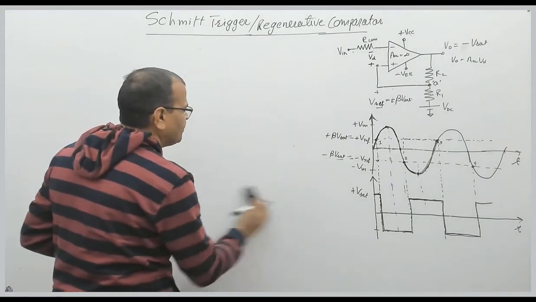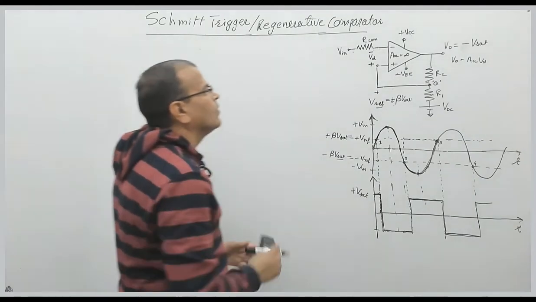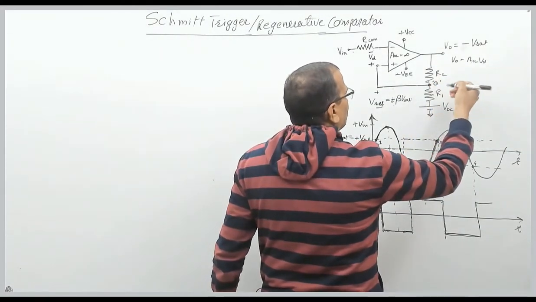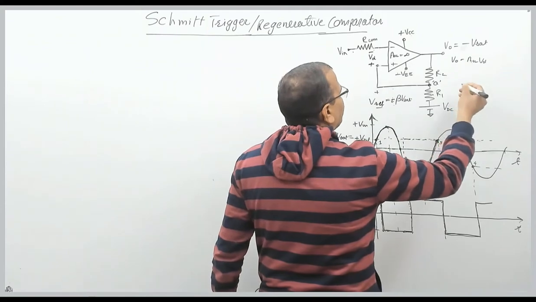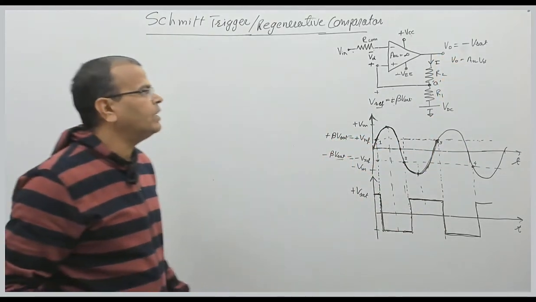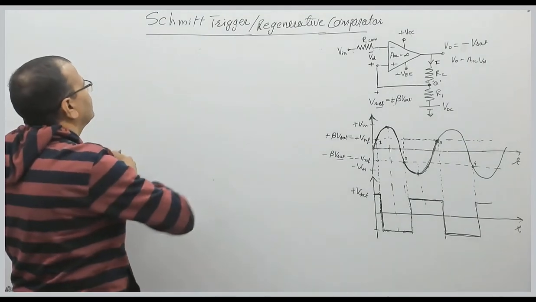So let us see how the reference will change. Here I have VDC. If you apply KCL at node A, what will be the voltage at node A? In fact, first of all, let us see the current in this circuit. What is the current I here?